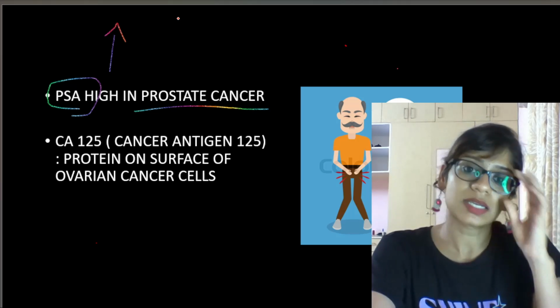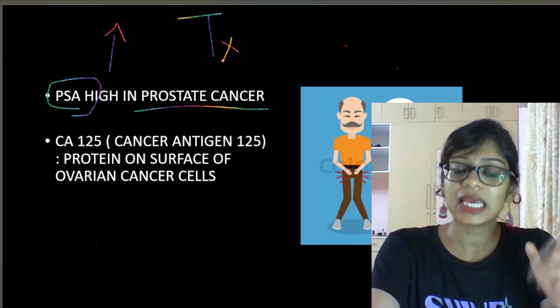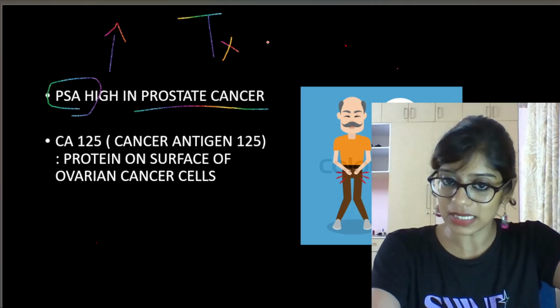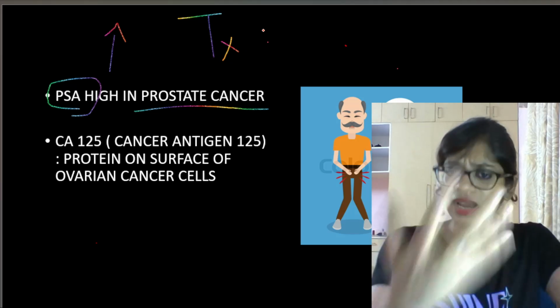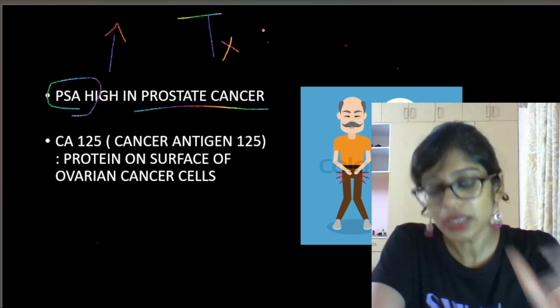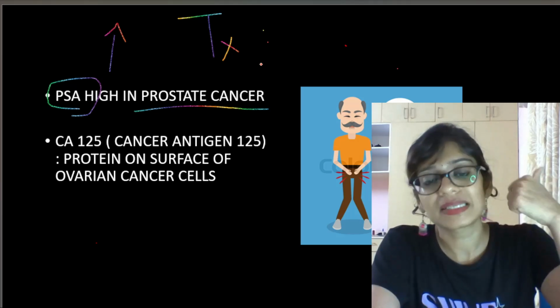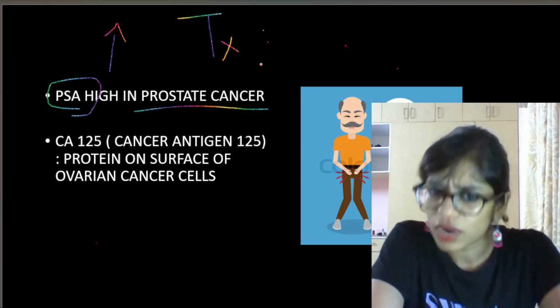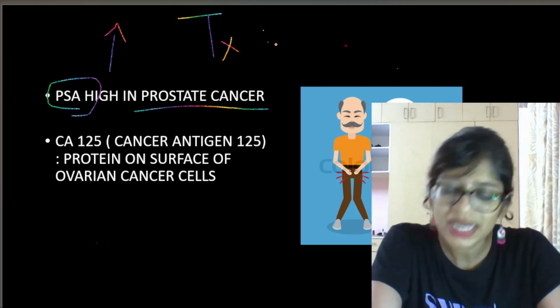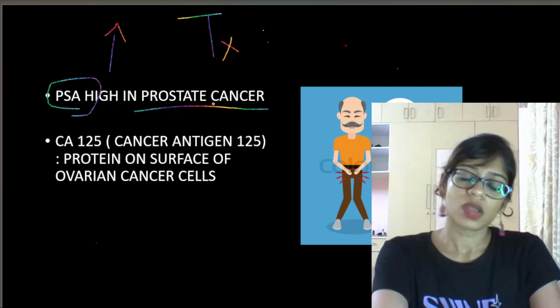These tumor markers, these proteins, can be elevated in blood depending upon where the tumor is. For a urinary bladder tumor, there are urine tumor markers. So tumor markers can be seen in blood, in body tissues, and in urine. Now let's talk about them one by one, a few one-liners.